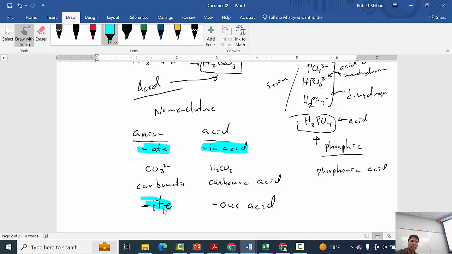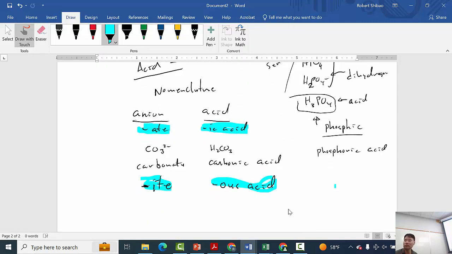Carbonite is not common, so let's do something else. You know what nitrate is? What is nitrate? NO3 minus. So what is nitrite? NO2 minus.